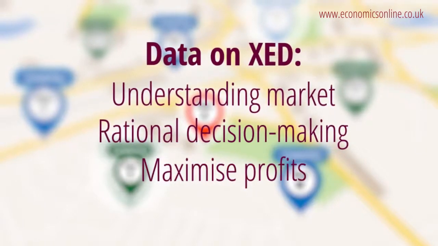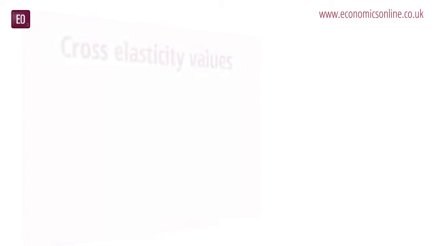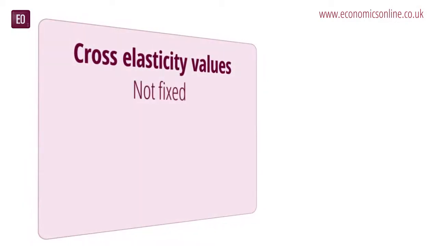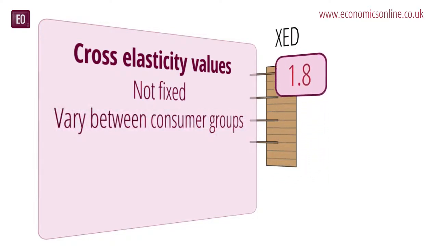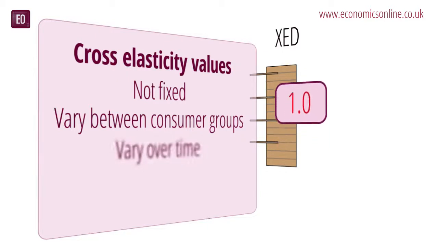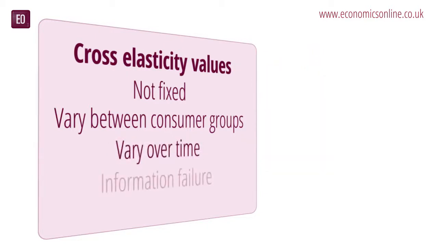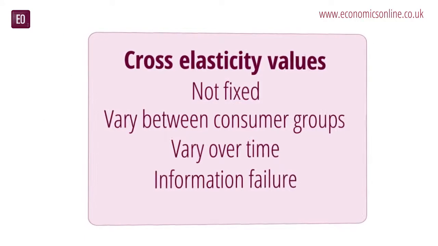However, there is a word of caution. Like all elasticities, cross-elasticity values are not fixed and can vary considerably between groups of consumers and over time. This means that business decisions based on historical cross-elasticity estimates may be subject to information failure if values change between the time of making a decision, say to launch a takeover bid, and its implementation.